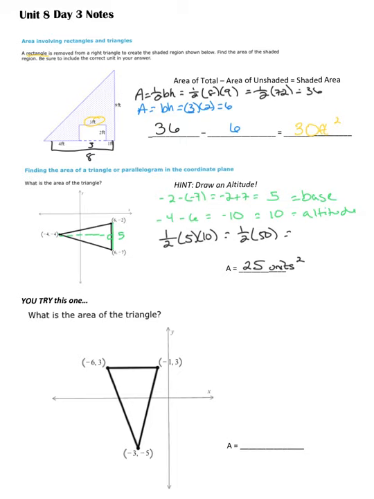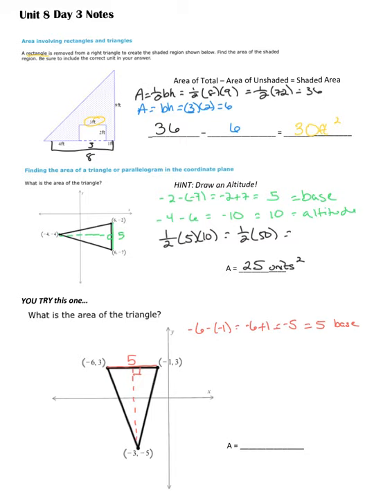Okay, so we have a straight line here, so we're going to find the distance between the x-coordinates. -6 minus -1, -6 plus 1 equals -5, but remember distance has to be positive. That's our base, 5. So this is going to be our altitude.